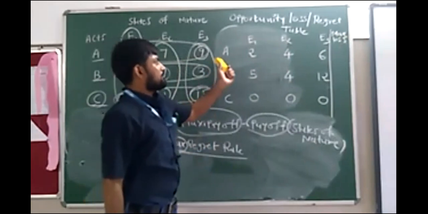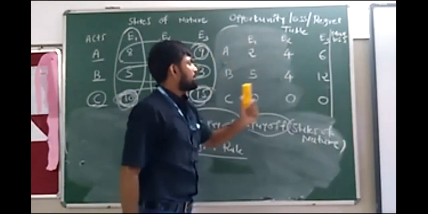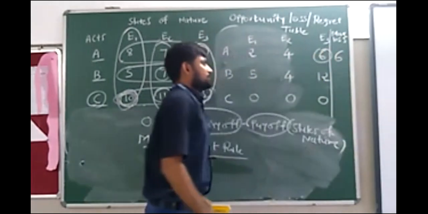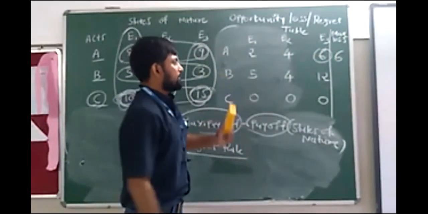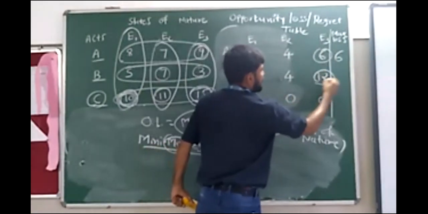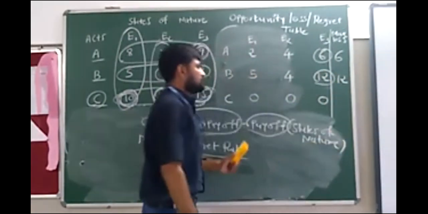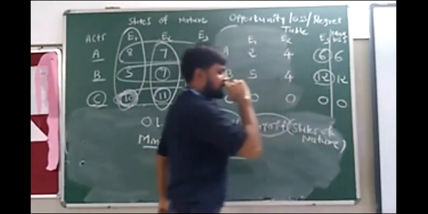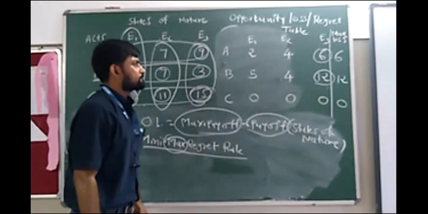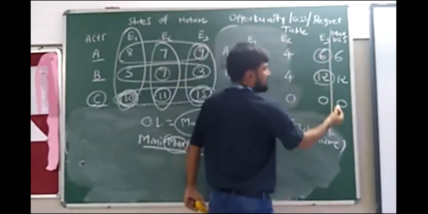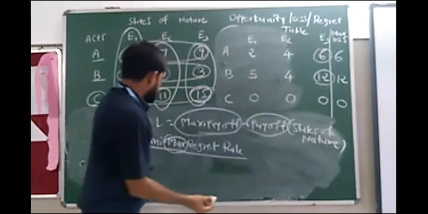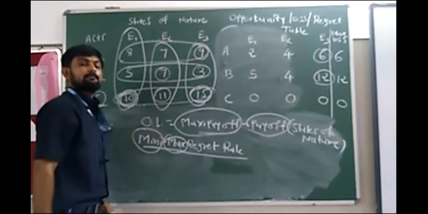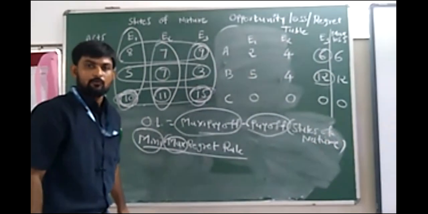In the first act, the maximum loss is 6 rupees. In the second act, the maximum loss is 12 rupees. And in the third act, the maximum loss is 0. There is no opportunity loss. Now, out of these maximum losses, we'll select that act as the best act which has minimum loss or 0 loss.